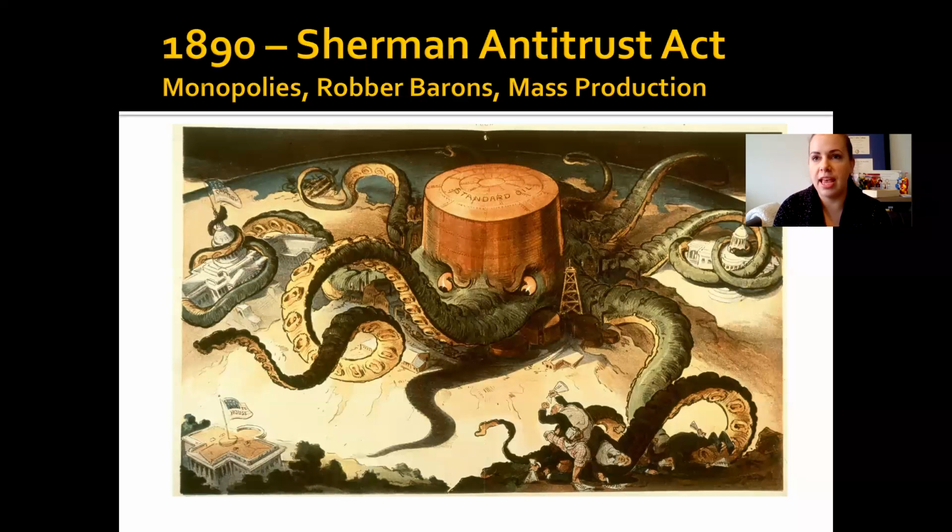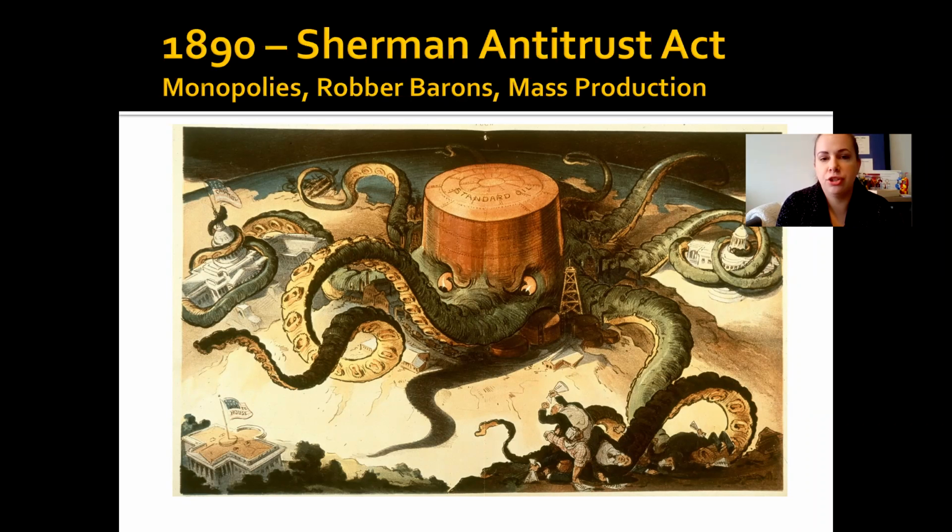Are they men that we should look up to? Or are they robber barons? Are they men that take advantage of their low-wage workers? Do they create these poor conditions for the workers that live there? And do they push for these negative policies? So there's this contrasting idea of robber barons versus captains of industry in this era.